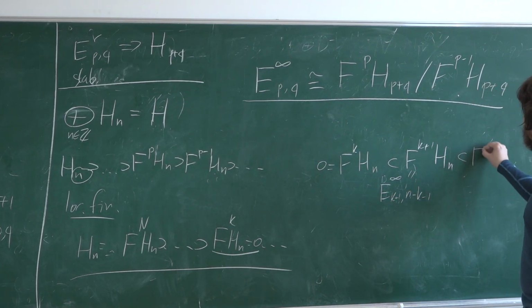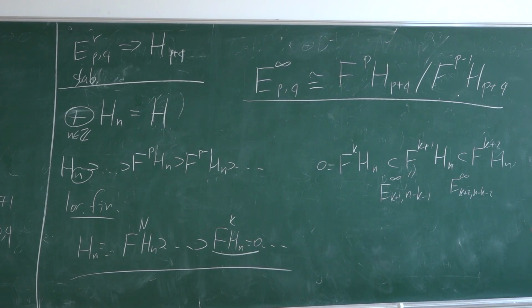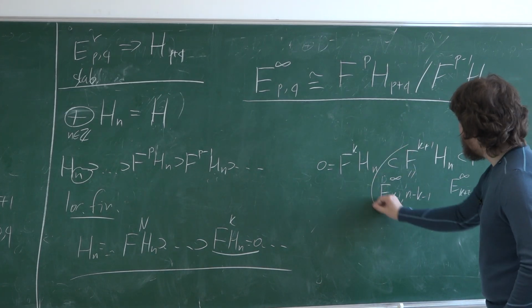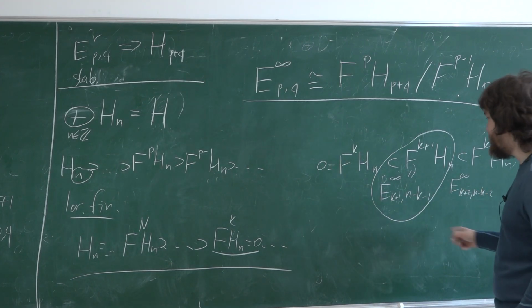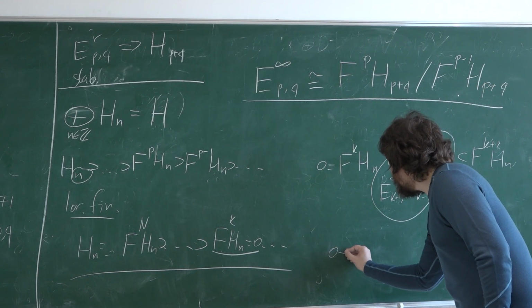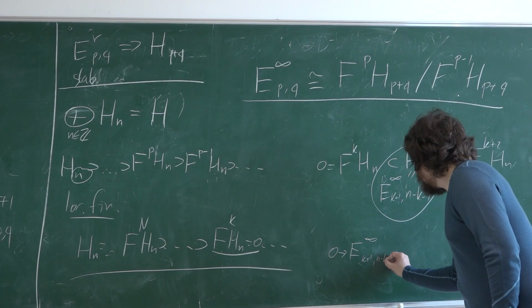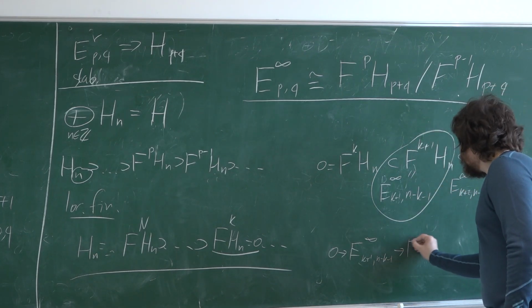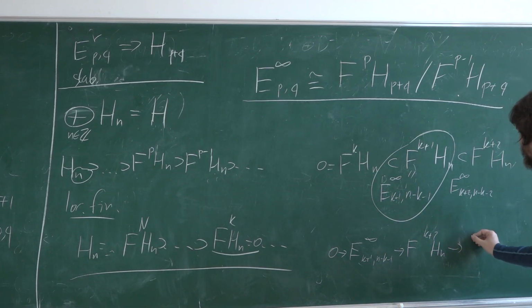But we have the next quotient, next filtration, and this quotient is infinity K plus 2, N minus K minus 2. So in fact, we know the smallest part of the filtration, but already for the next part of the filtration, we have an extension. We only know that we have a short exact sequence: infinity K plus 1, N minus K minus 1, this filtration, and then the quotient by them.